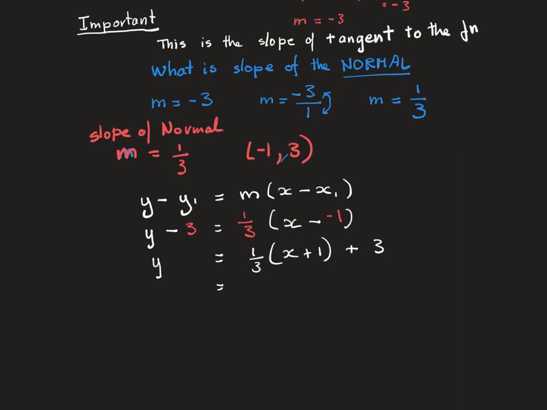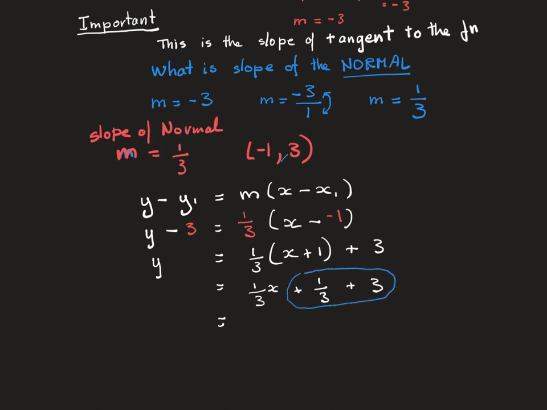Simplify it a little bit more and we get a third x plus 1/3 plus 3. We want to simplify it by making sure that we add these together.